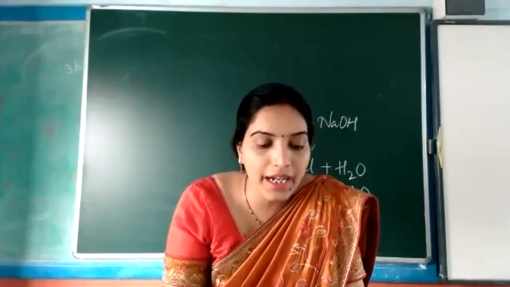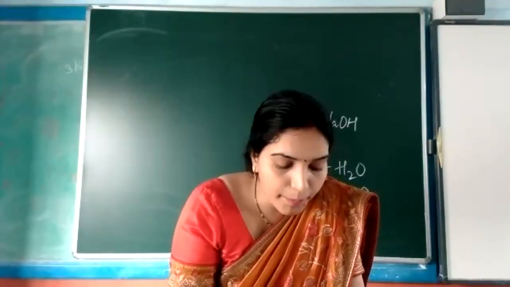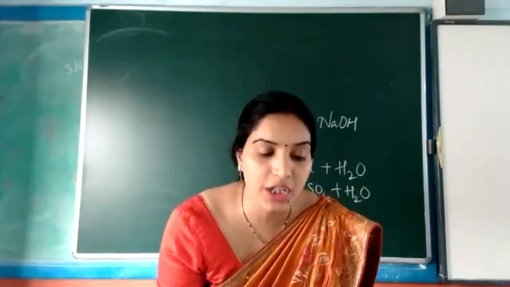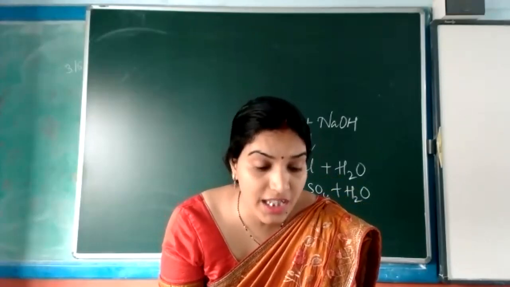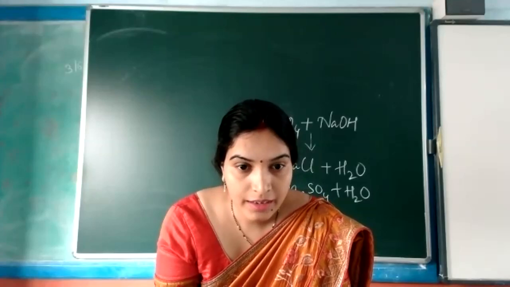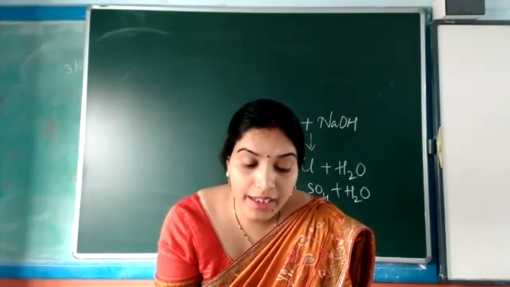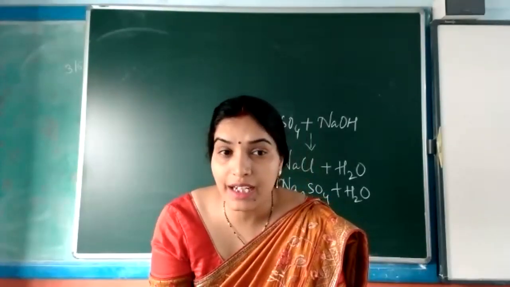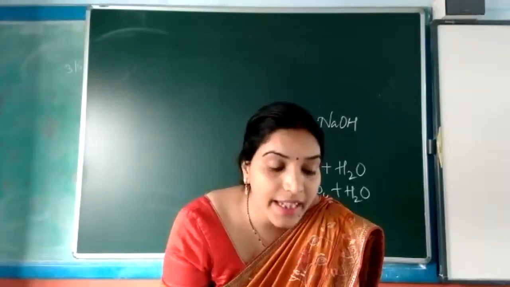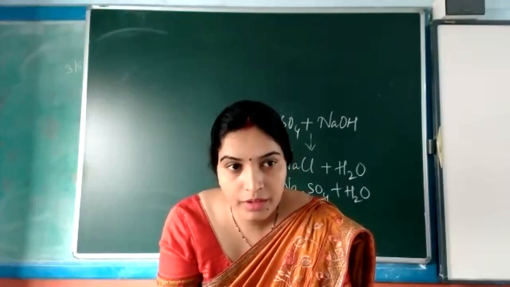Example, the first reaction given in your book on page number 48: sodium hydroxide plus H2SO4 gives NaHSO4 along with H2O. Clear? Partial replacement. Next, normal salt is formed by the complete replacement of hydrogen ion. That is the second reaction given in your book. Is that clear to everyone?